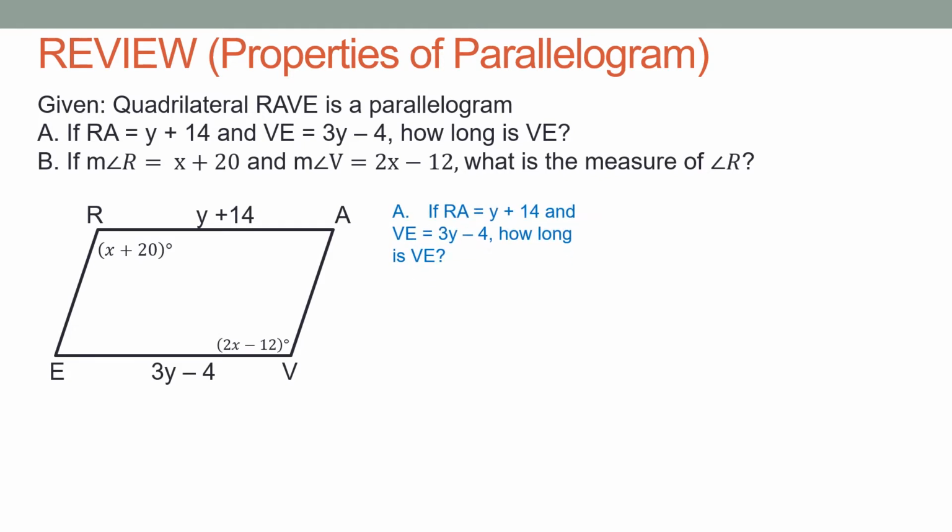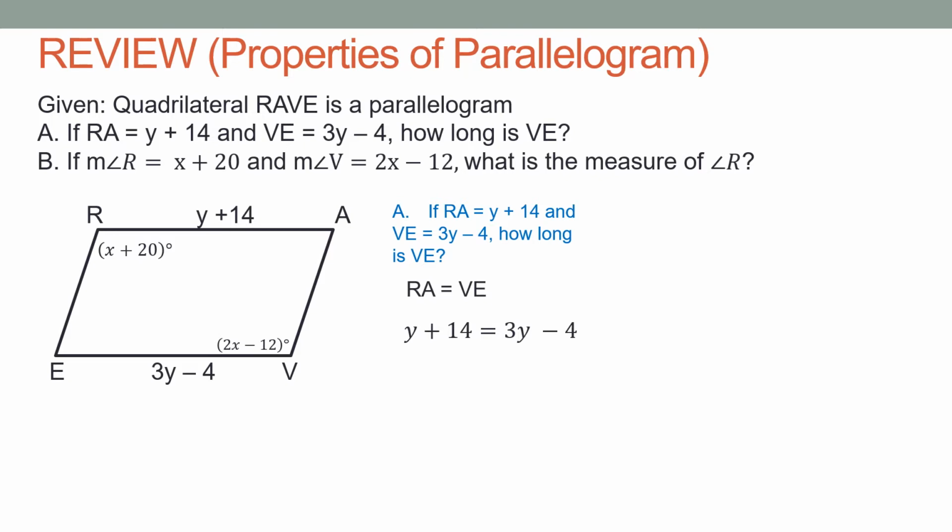Solve na natin yung sa A. If RA equals y plus 14 and BE equals 3y minus 4, how long is BE? RA equals BE. Kung natatandaan ninyo, opposite sides of a parallelogram are congruent. We will equate each other. So y plus 14 equals 3y minus 4.